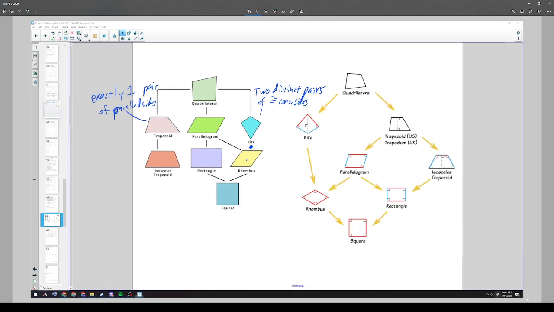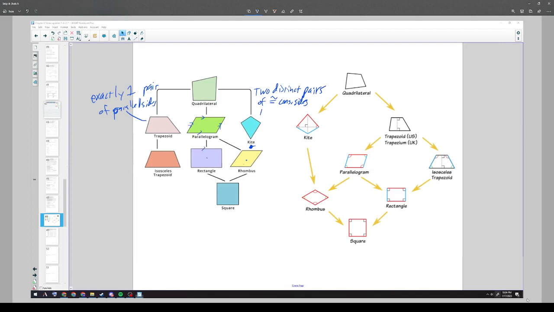But when you really get into what makes these shapes interact and what makes them what they are, their properties, it doesn't really make sense to separate them because the properties flow from shape to shape. We saw with parallelograms that these two pairs of parallel sides get passed down to the rectangle and the rhombus.